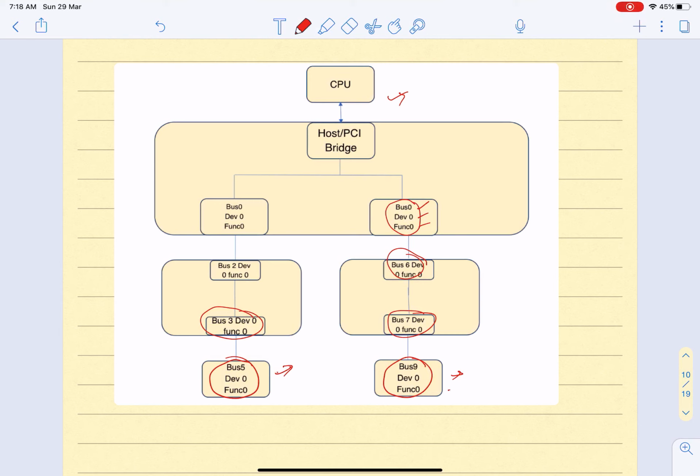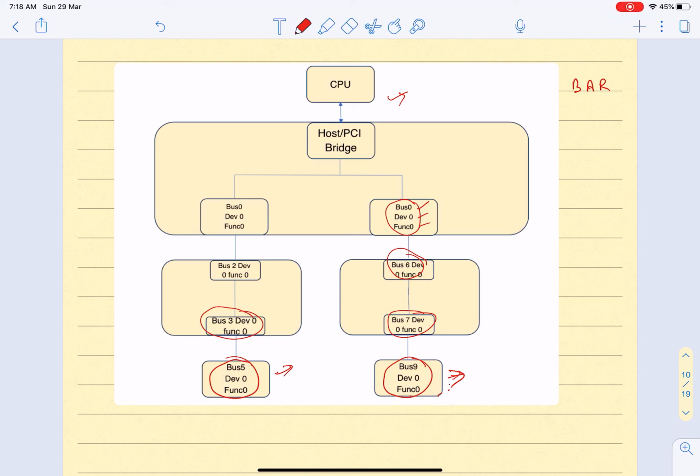Now, the host initiates configuration writes to the BAR registers. That process we have discussed, and then it understands that memory space requirement and maps the memory of the devices to the system memory.